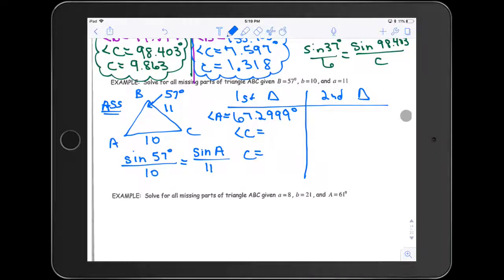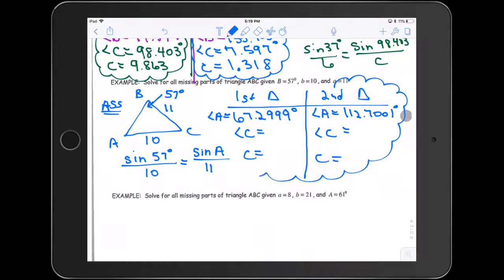Then at that point go 180 minus that angle A to find the other one, which is 112.7001 degrees, and then you find angle C and side C. So find those values, and I will check that in class to see if you are understanding how to find each one of those. So again, this is an example of an ambiguous situation where you end up with two solutions, two separate triangles.